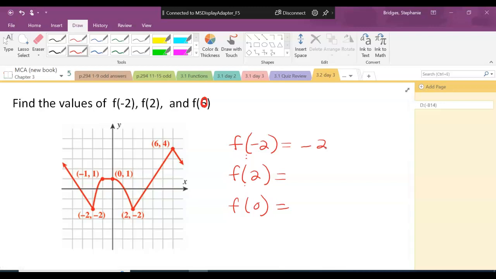The next one, I'm looking for the ordered pair that has an x value of 2, which is here. What is its y value? -2. And then what about my 0? What is y when x is 0? 1.